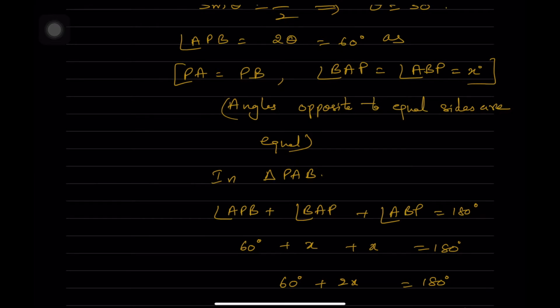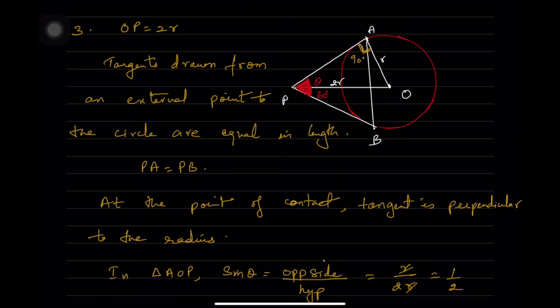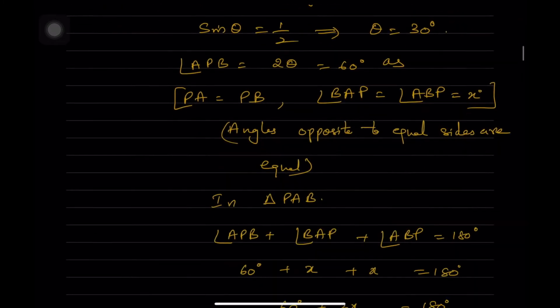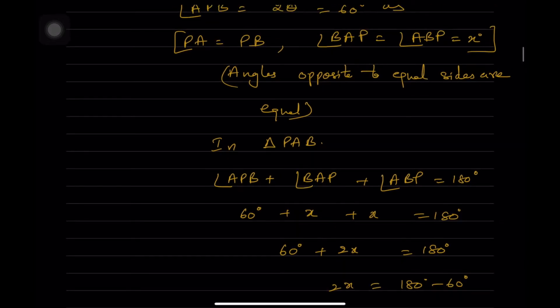Now in triangle PAB, the sum of all the angles, that is angle APB plus PAB plus PBA, because it forms a triangle, is equal to 180 degrees. And you also know that angle BAP is equal to angle ABP, so you can take that as x.